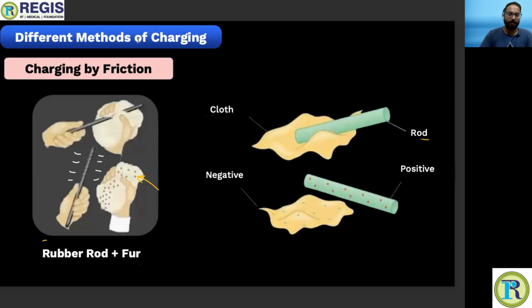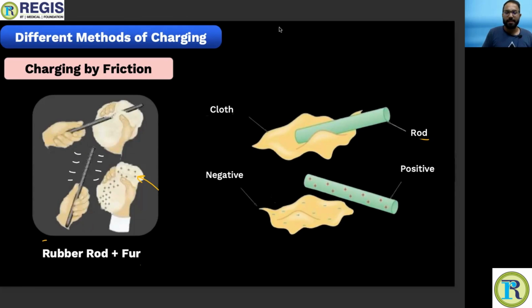Okay, so let me give one example. Now, there is a rubber rod and fur. Basically we are rubbing rubber rod with fur.